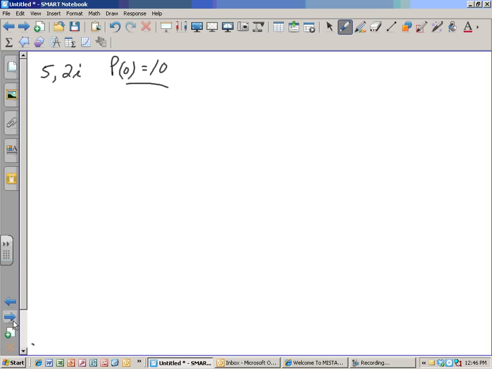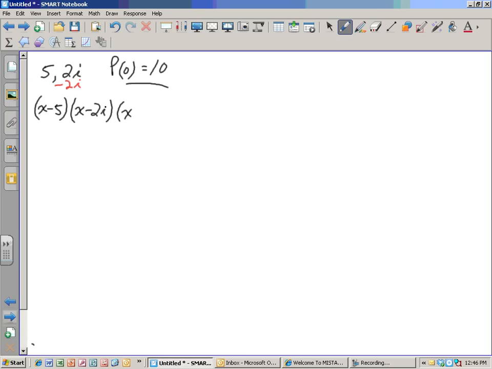Okay. If 5 is a 0, then a factor would be x minus 5. Good. If 2i is a 0, then x minus 2i is a factor. And if 2i is a 0, then negative 2i is also a 0.